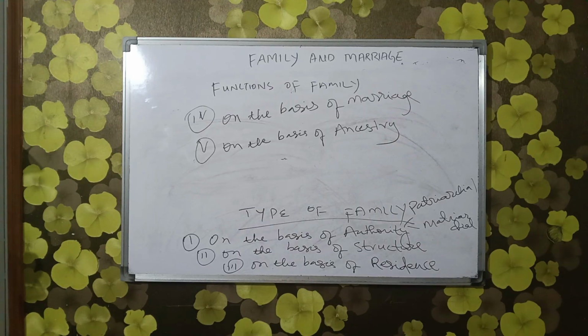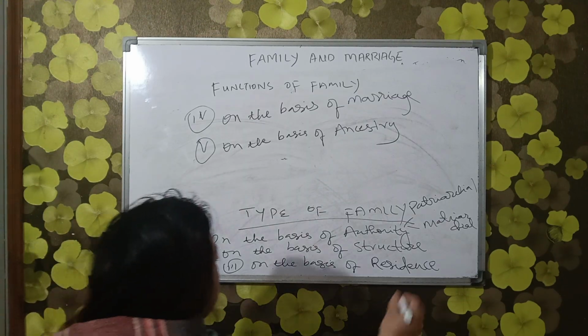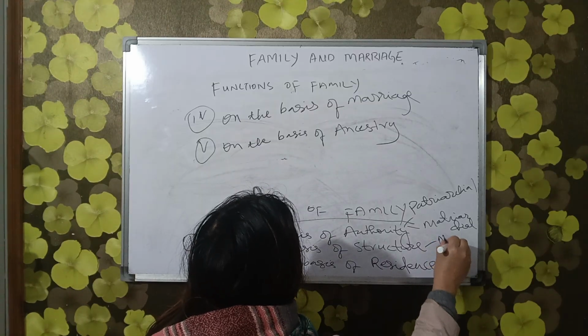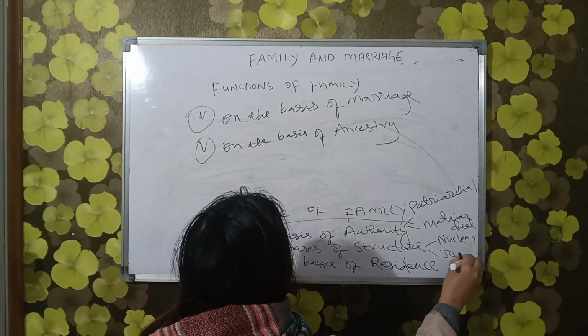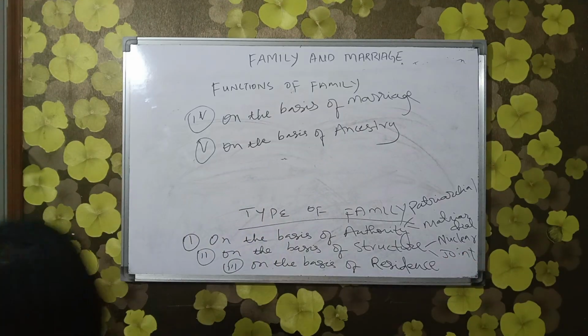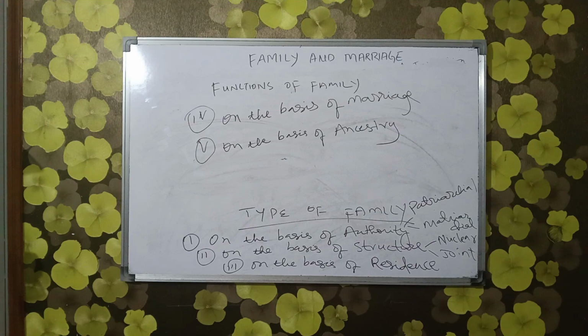Next is on the basis of structure. On the basis of structure, the family is again divided into two types. The first one is nuclear and the second one is joint. Nuclear family and joint family. Nuclear family: husband, wife, with or without children. And the joint family is mainly two nuclear families.